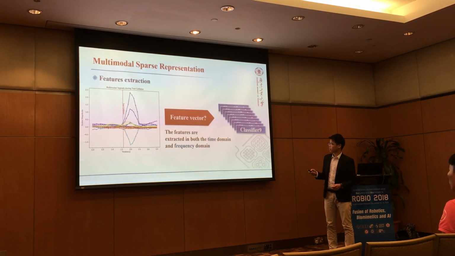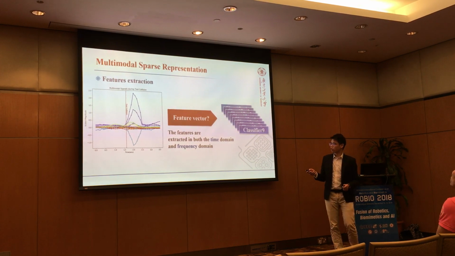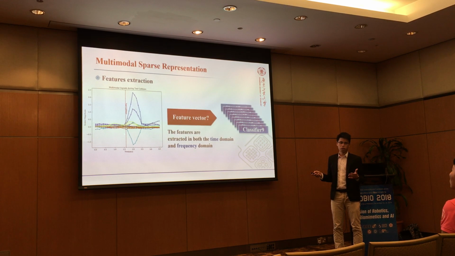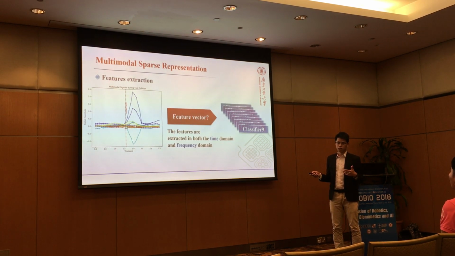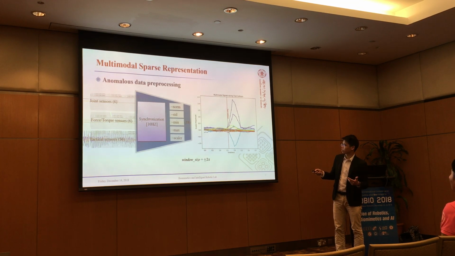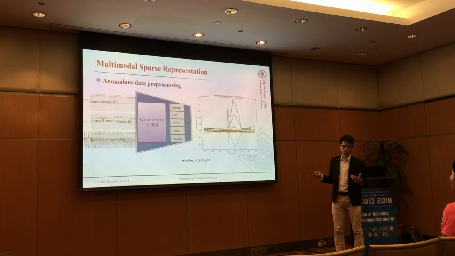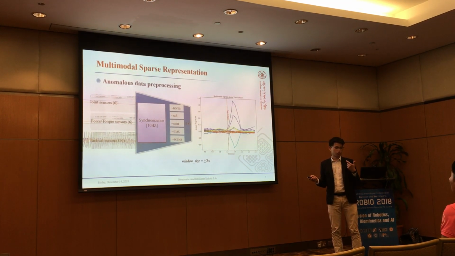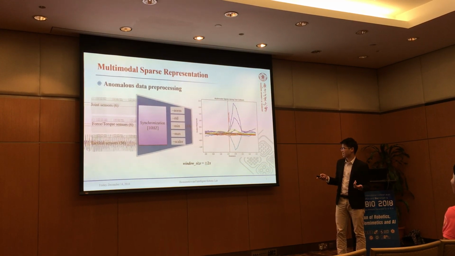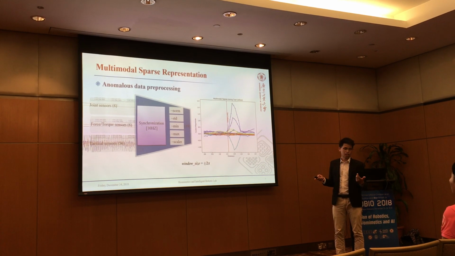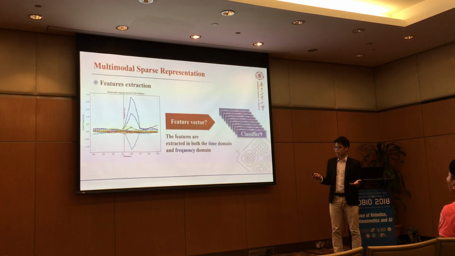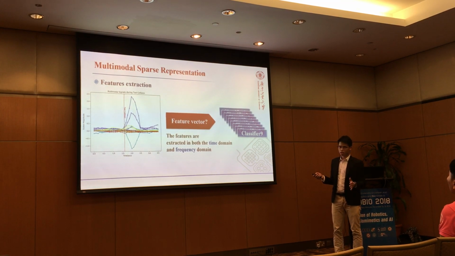After we extract the anomaly signals, if we use the original signals, the length of the signals is maybe 68 dimensional, but this is a very huge signal to represent.